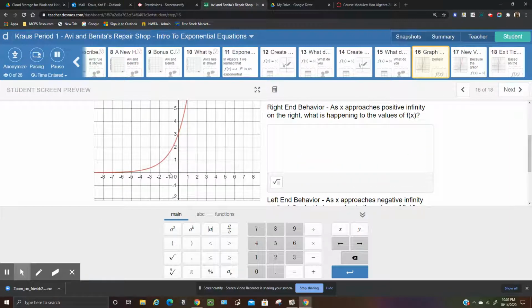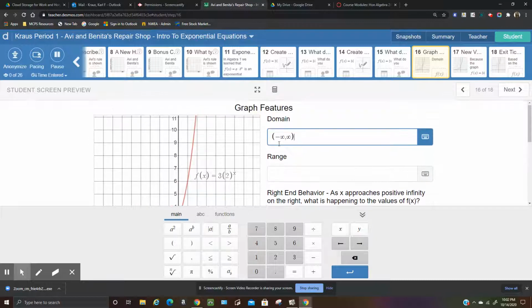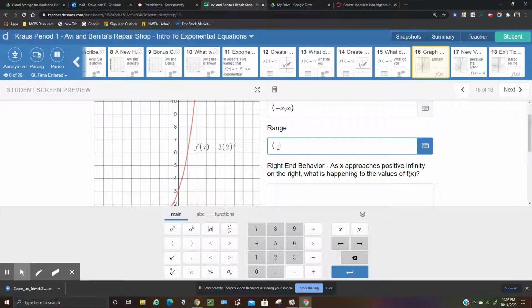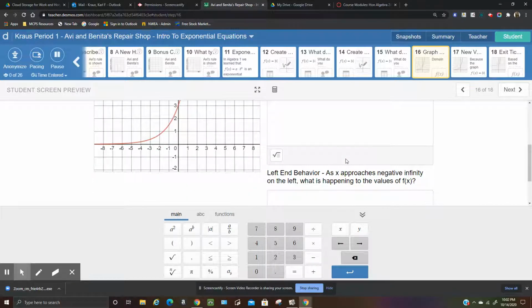And the range gets closer and closer to 0, but never reaches 0. So we're going to use the parentheses 0, infinity. I could say y is greater than 0.